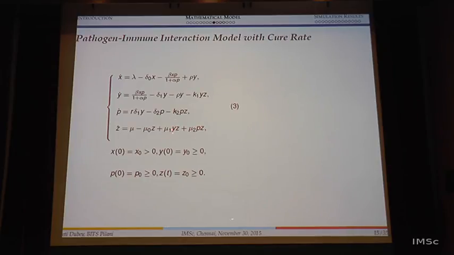Mu1 biger is CTLs, and the other is humoral, or we can say antibody. CTLs will kill the infected cells, and the humoral immune response will block the pathogens. These are the initial conditions.